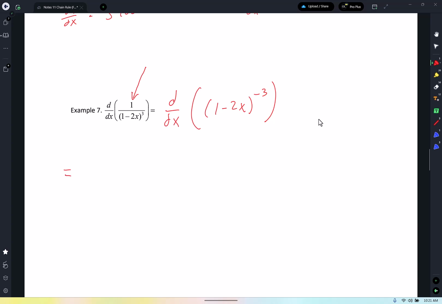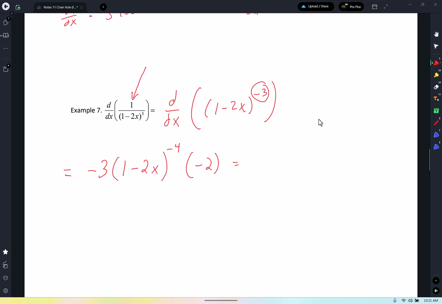I'm taking a derivative. I got to do chain rule. What do I do with that -3? Bring it down. Do I do anything with the inside? No, leave it alone. Close it. What power? -4. Am I done? No. What do I multiply by? Which is? Perfect. Make it pretty.